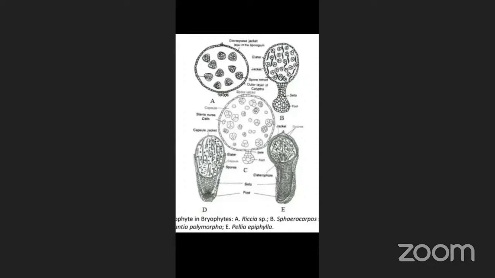This theory explains the downwards direction, that is, the reduction is accompanied by simplification of the structure of the sporophyte. It is explained based on which one is structurally the simple sporophyte.